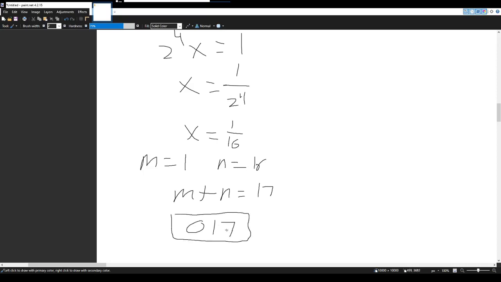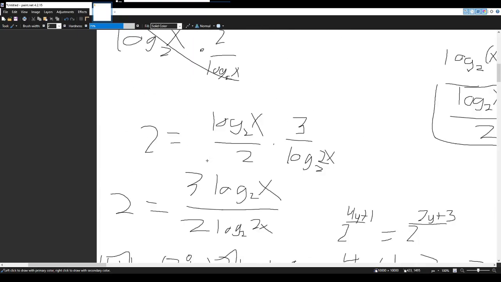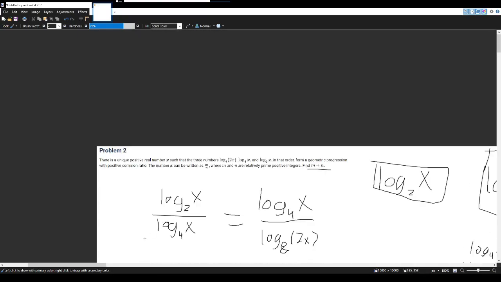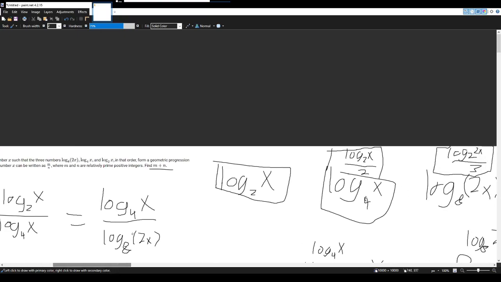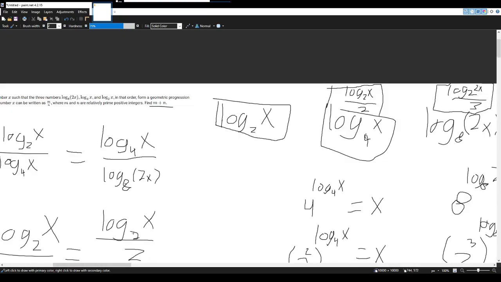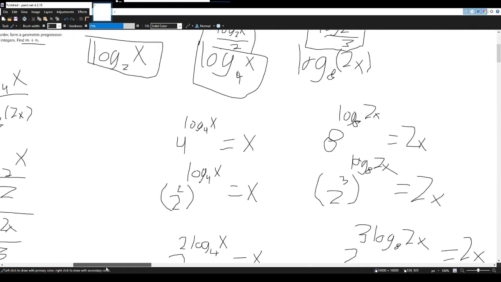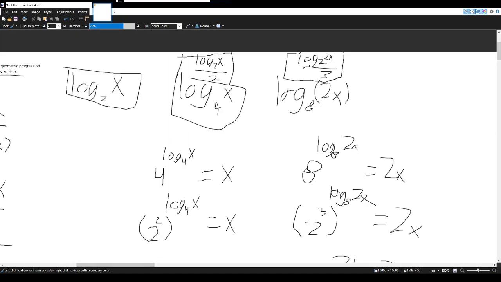Okay, so this one, I gotta admit, is a trickier one. I think the main problem here is, one, remembering all the log properties, because there's a lot of them and you can get them mixed up pretty easily and start making up ones that don't even exist. So you gotta have those straight in your head. And then also this right here where we change the base on the logs is probably another tricky part.